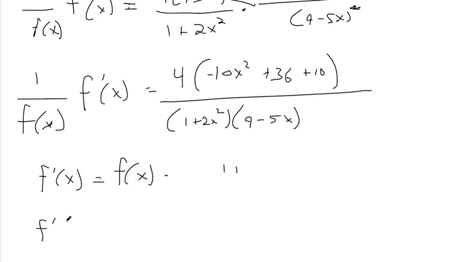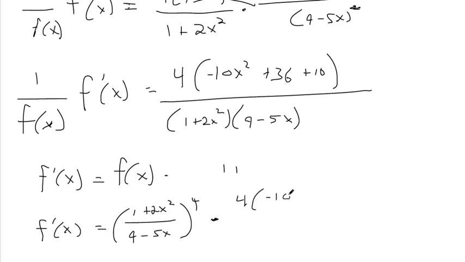The derivative is the original function, 1 plus 2x squared over 9 minus 5x all to the fourth. And then it's times all that stuff we just wrote up here. 4 times negative 10x squared plus 36.